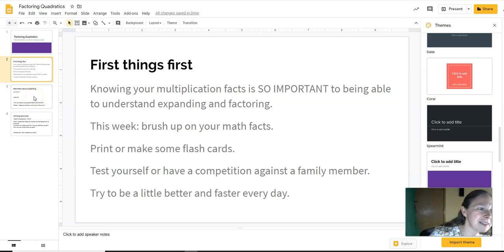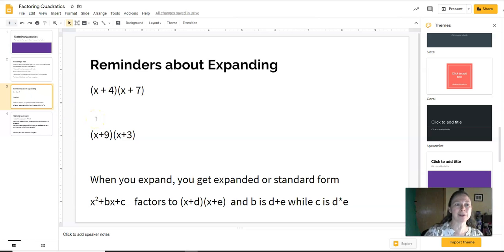So, on to the lesson. A couple of quick reminders about expanding. I'm going to get my whiteboard tools out to do this part. When we expand, the technique I like to use most is FOIL. So you do the first terms, in this case x squared, and then you do the outside terms, so x times 7.